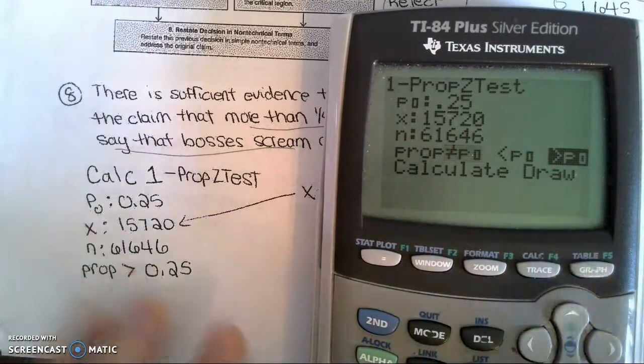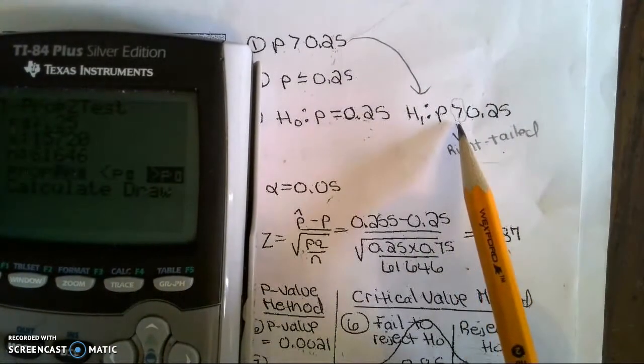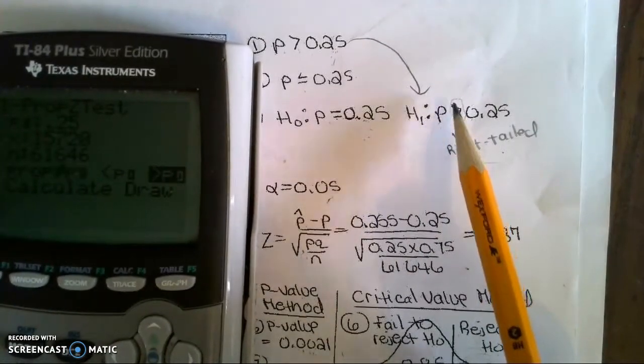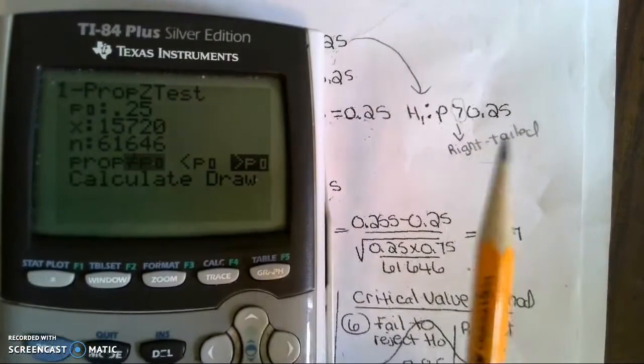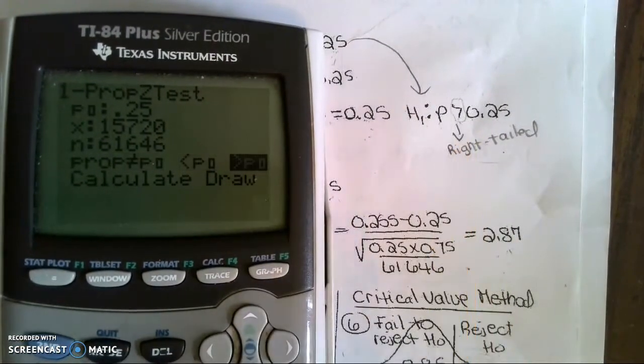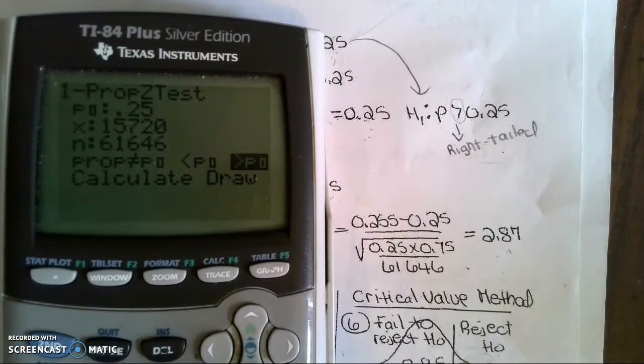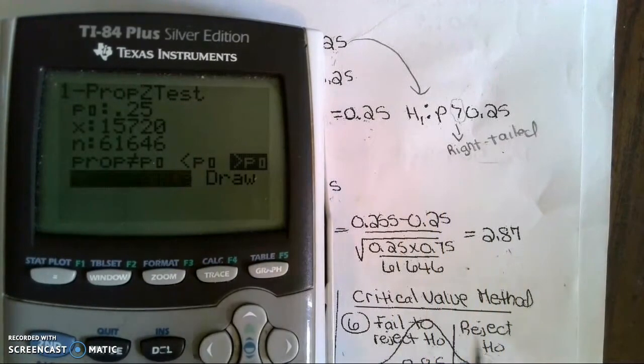For this last part, you always want to pick whatever your alternative has. It's a right tail test, so you want to go over to the right-tailed option and hit enter. Okay. Now we're going to go to Calculate.